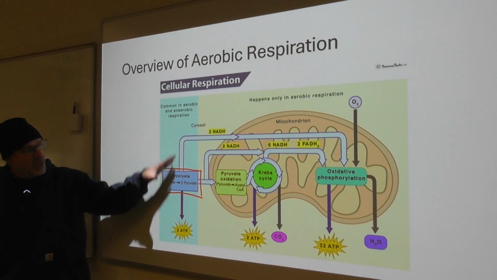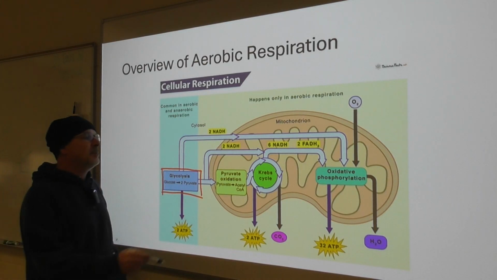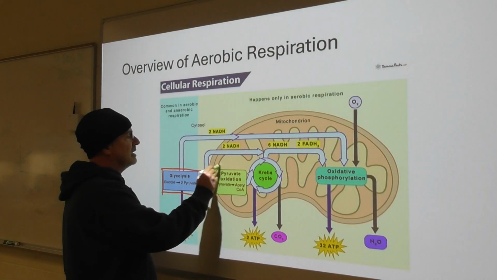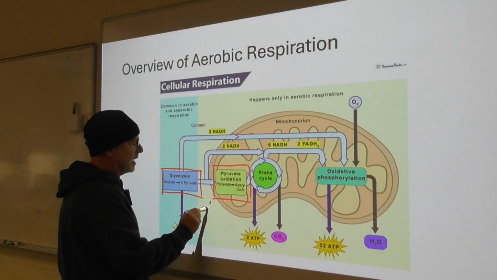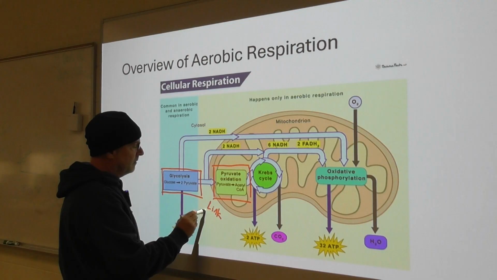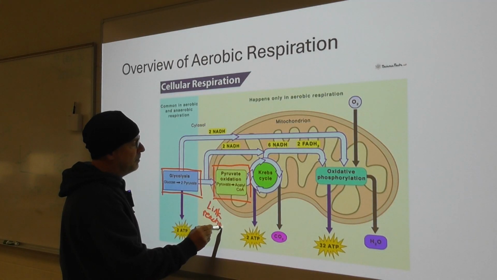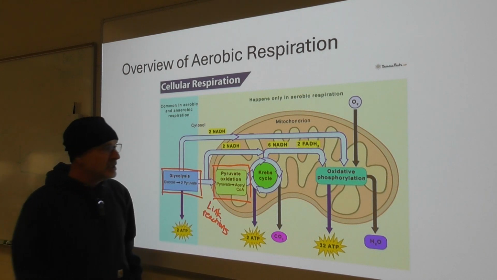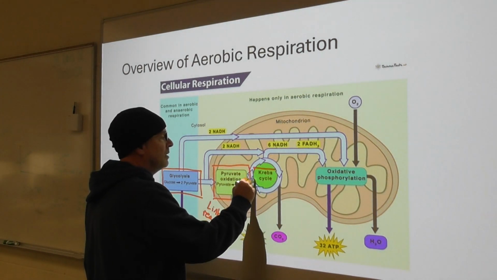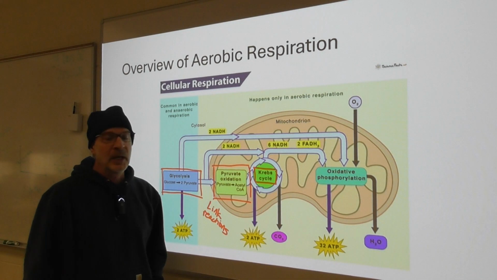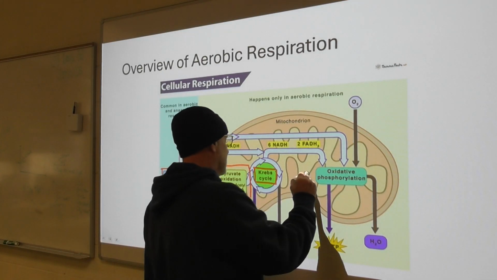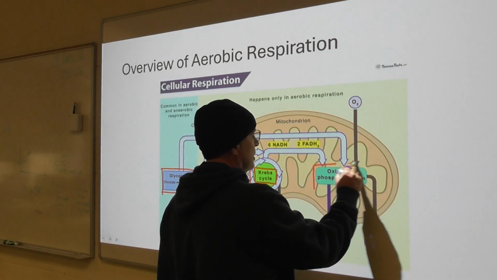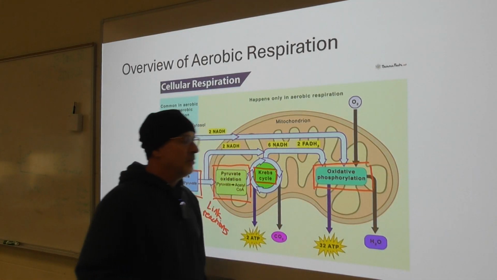Then, once glycolysis has done its thing, the next step is called pyruvate oxidation, or the link reactions. We'll look at those separately. And those happen in the mitochondria. And then the next thing that happens is called the Krebs cycle, which also happens in the mitochondria. And then the last thing is oxidative phosphorylation, which happens in the mitochondria.